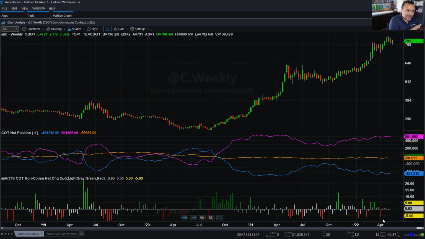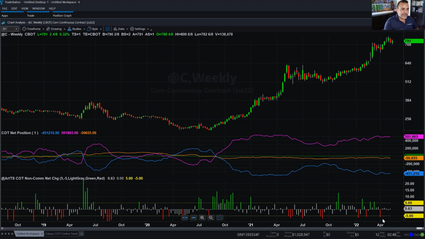Okay, so some indicators that allow you to visualize this data a little bit different. If you are already used to using the default studies that come in TradeStation, that's fine. This is just different visualizations of the same data. It's using the same data and just presenting it a little bit different. Let's go ahead and talk about a strategy and how you can use commitments of traders.